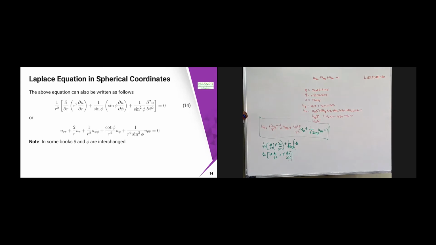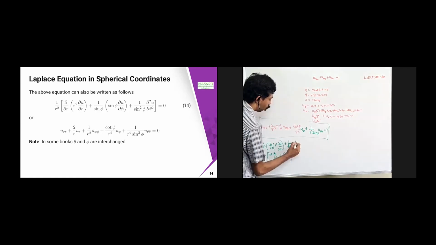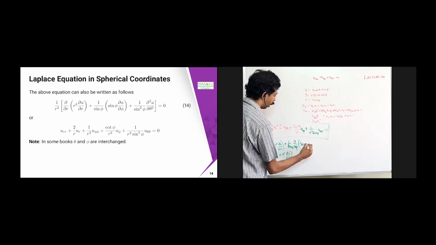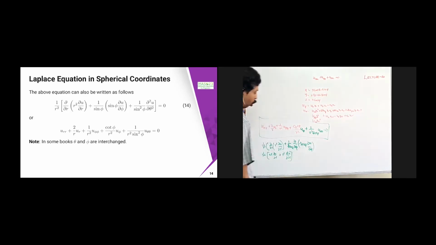I think one more is missing there. I think dou by dou pi will come. Okay, so there is a missing there. So it should be 1 by sin pi dou by dou pi of sin pi dou u by dou pi should come. Okay, there is a dou by dou pi missing there.